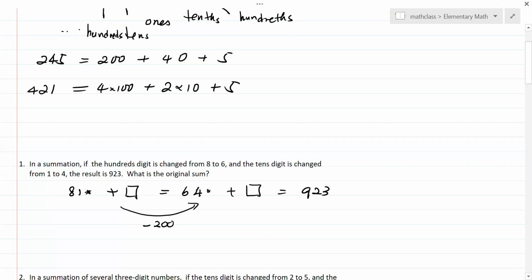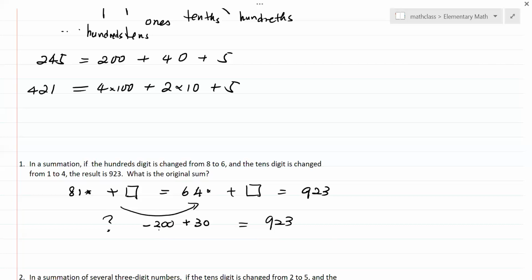But when you increase from 1 to 4, you increase the number by 30. So the original number is decreased by 200 and increased by 30. So what is the original number?